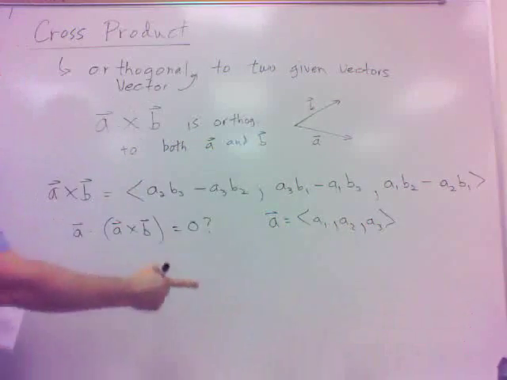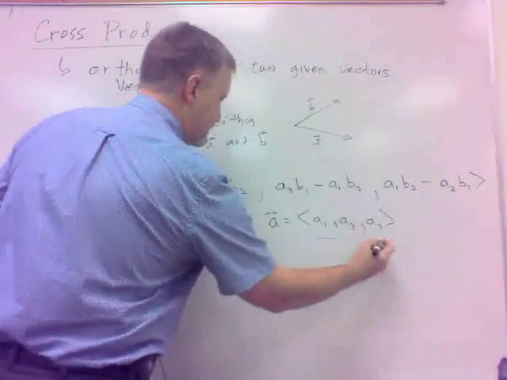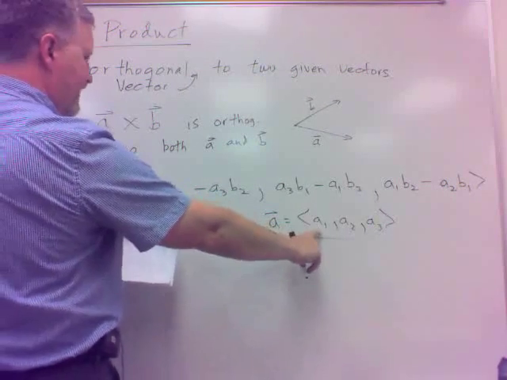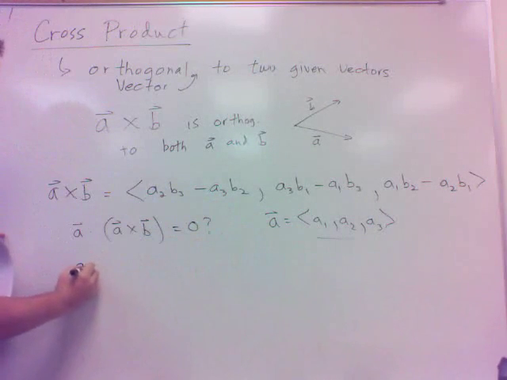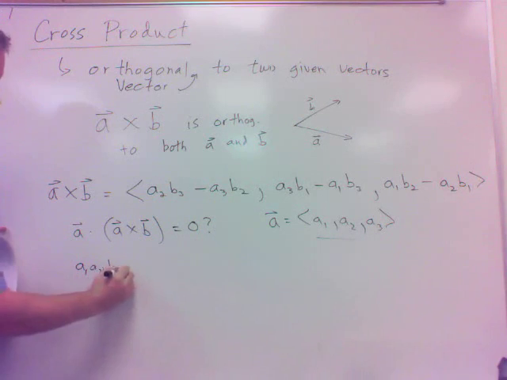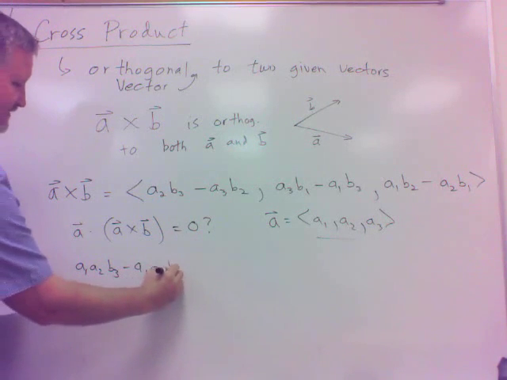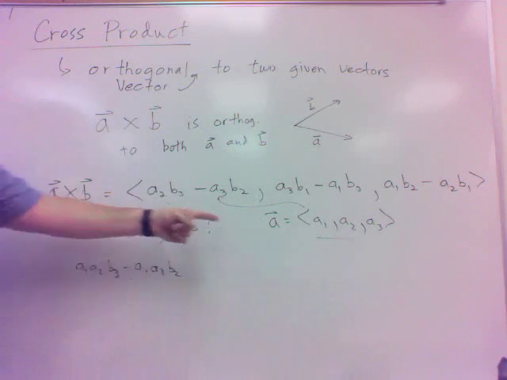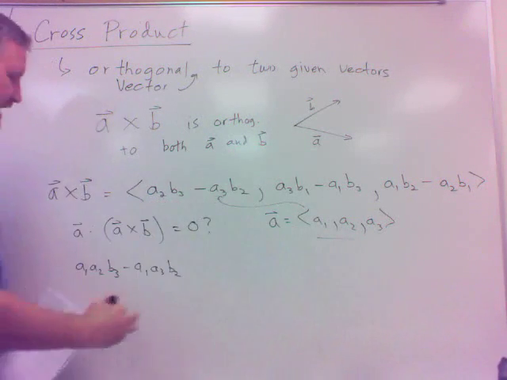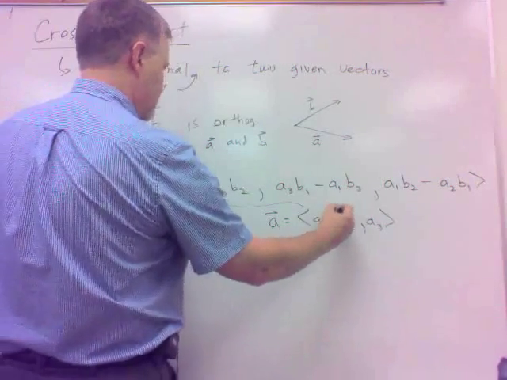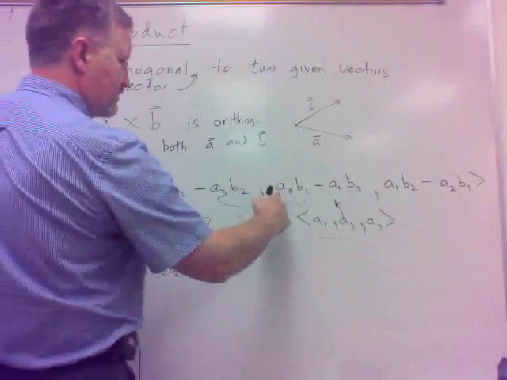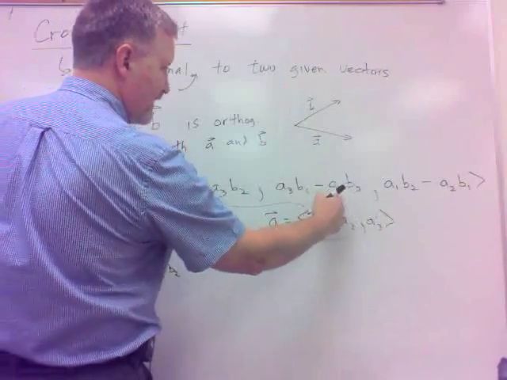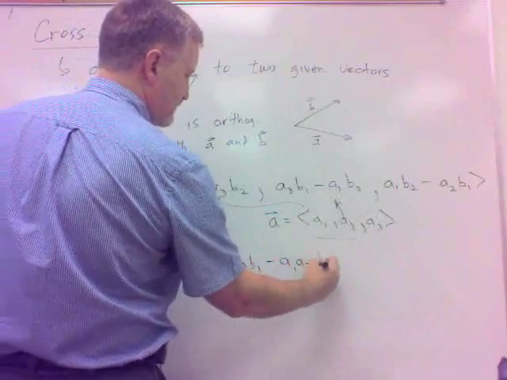But notice, if I dot product this with that, what do I get? Just multiplying, A1 times that, so I get A1A2B3 minus A1A3B2. Just distribute that A1 into those. Add to that then A2 times this, so we have A2A3B1 minus A1A2B3.